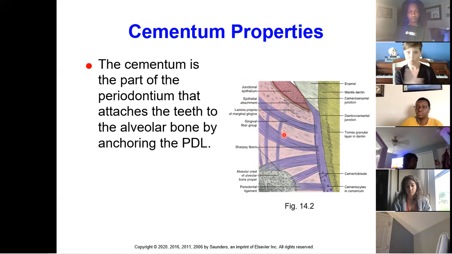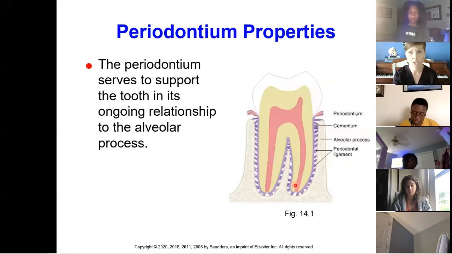They go around in the gingiva, around the tooth. They go from the cementum to the gingival margin. They go from the cementum to the alveolar crest of the alveolar bone. And attaching to the bone, they go almost all the way down the tooth, as you could see in that last picture.